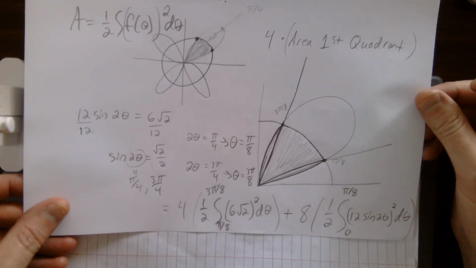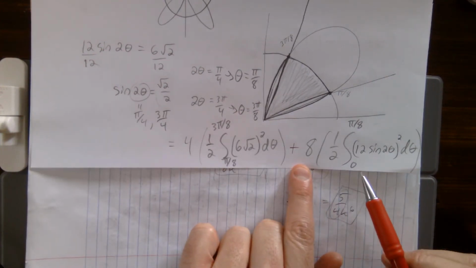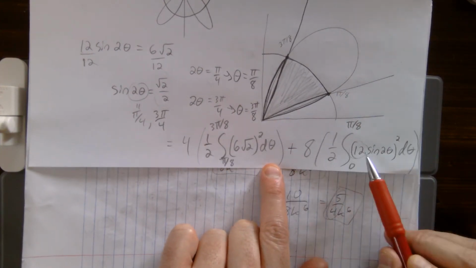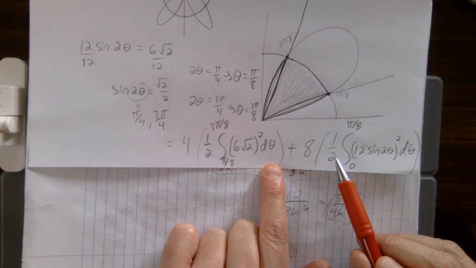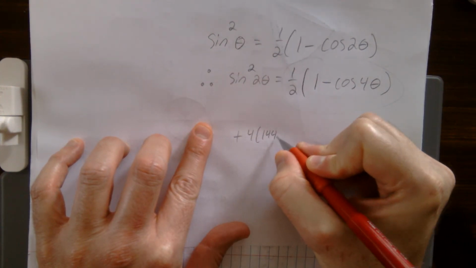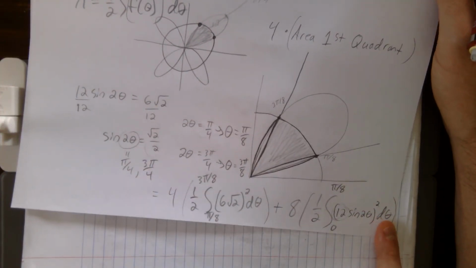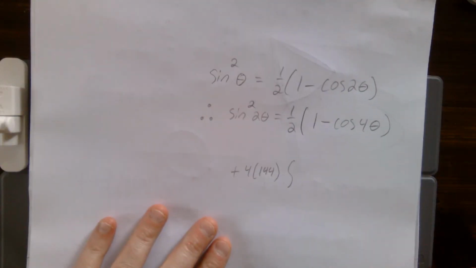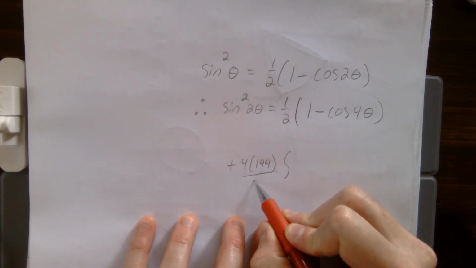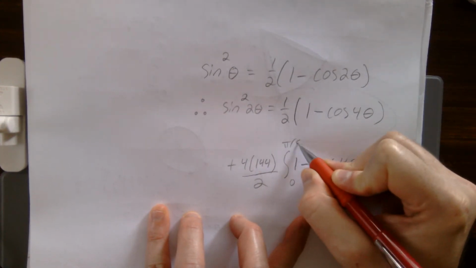And so let's do that integration real quick. Let's see what happens here. Let's pull out all these constants. 12 squared is 144, times 4. And times the integral of sine squared 2 theta d theta. But instead of sine squared 2 theta, we're going to put in 1/2 times 1 minus cosine 4 theta, from 0 to pi over 8.